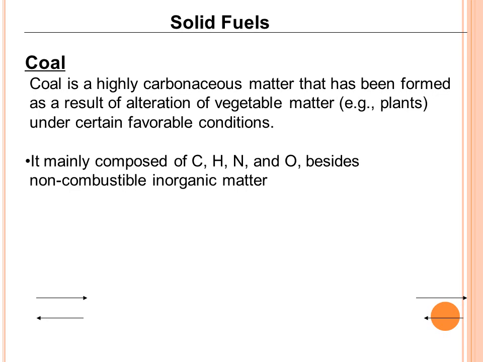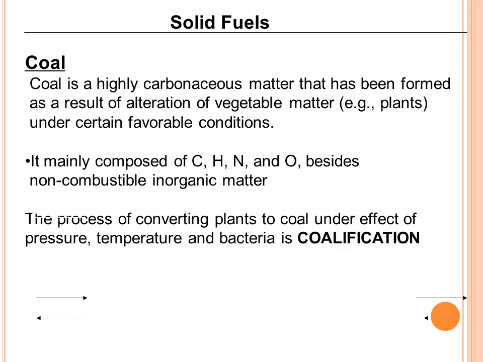Coal contains carbon, hydrogen, nitrogen, oxygen, and besides this it contains non-combustible inorganic matter. The process of converting plants to coal is called coalification: the formation of coal under the effect of pressure, temperature and bacteria.